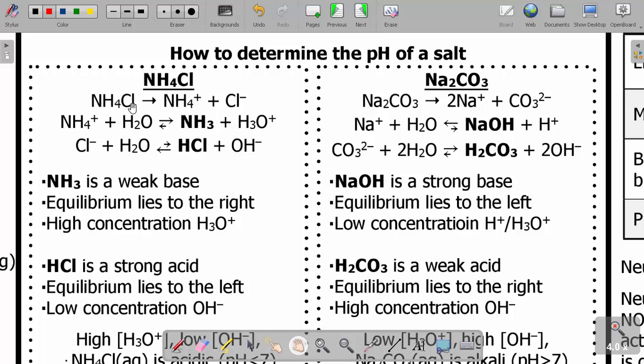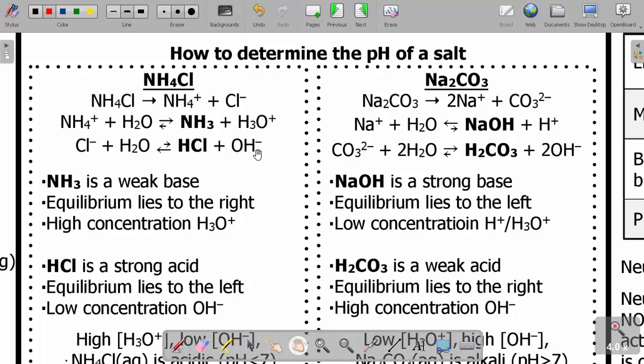Now, ammonium chloride gives me ammonium ions in solution plus chloride ions. Now, the ammonium ion combines with the water, this is now hydrolysis, to form ammonia plus hydronium ion. Okay, and then the chloride ion, which you see here, also reacts with this water to form HCl plus what? Plus OH minus.